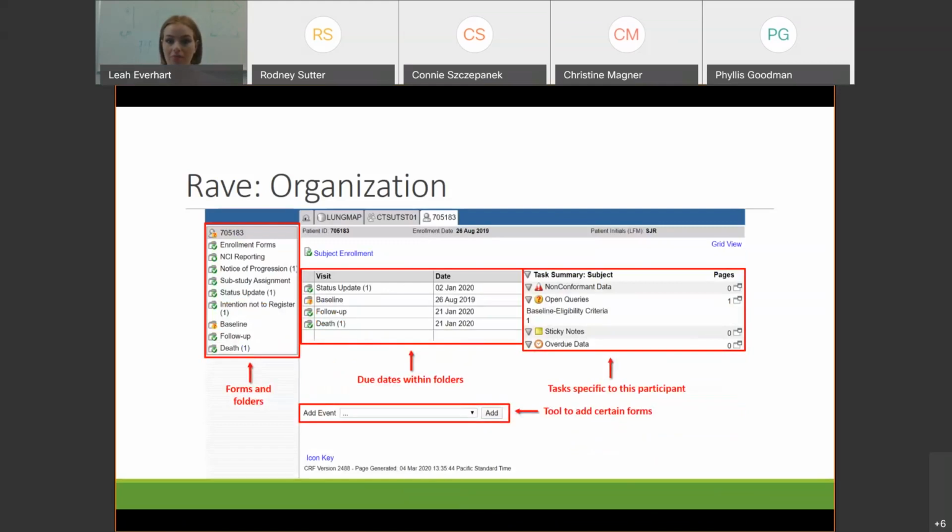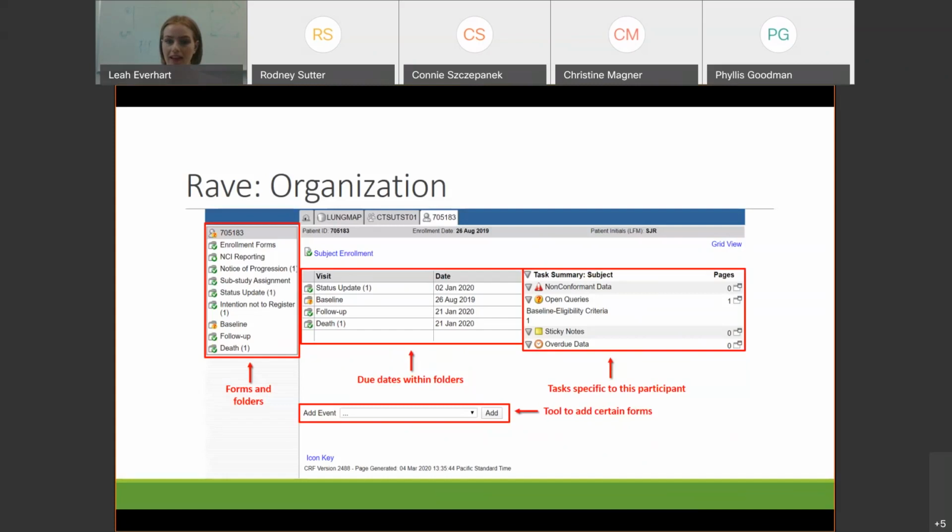So this is the main participant page once they've been selected. Folders containing eCRFs are highlighted in the navigation pane on the left-hand side, and highlighted in the middle are folders and their approximate due dates. But be aware that even though due dates are shown in RAVE, your expectation report and the protocol are always the best resources for determining when forms are due.